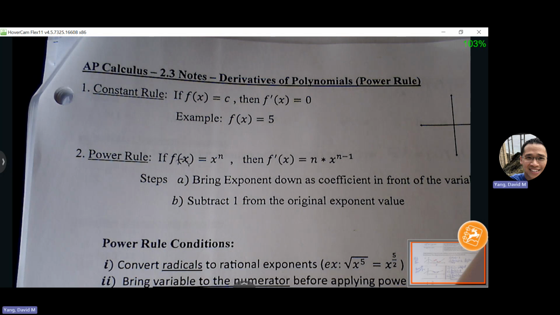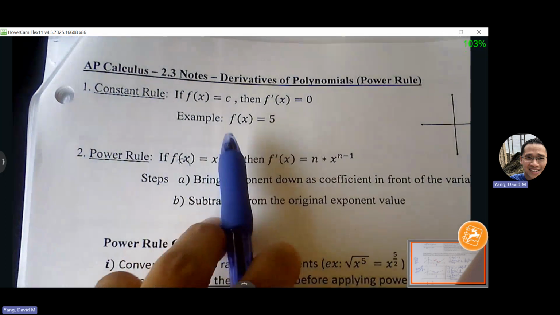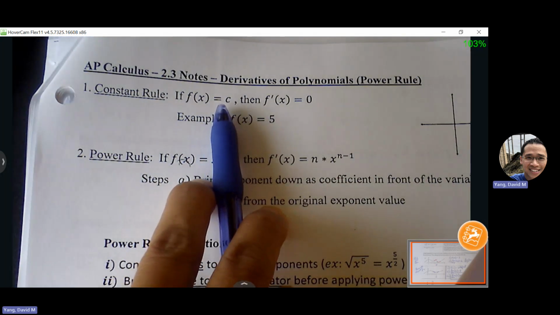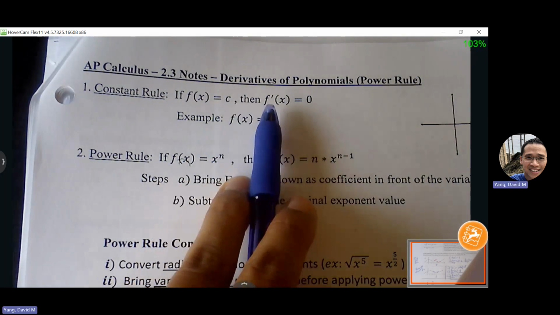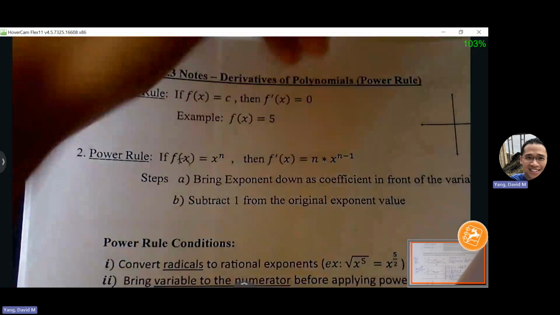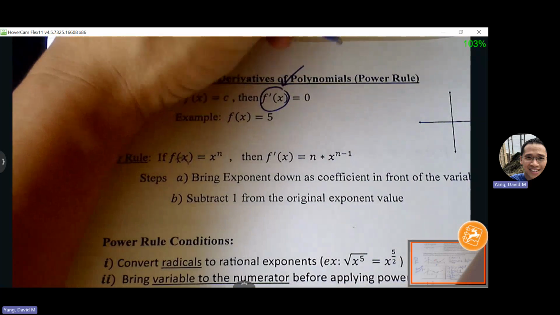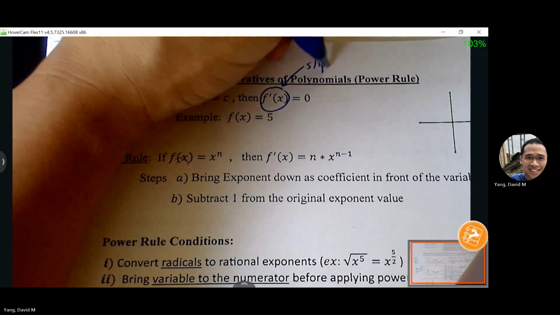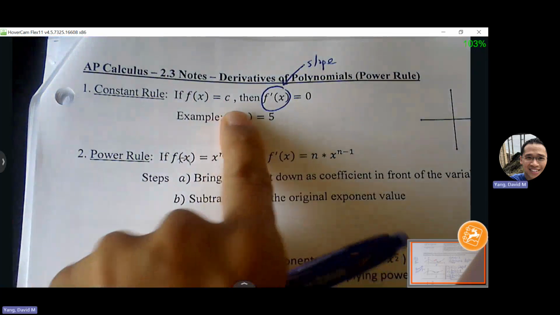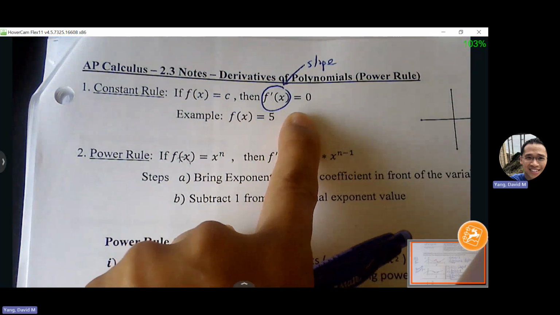The constant rule says if f of x equals c, then f prime is equal to 0. So that means if a function is a constant, then f prime, we're always going to treat f prime like we can say slope, right? If my graph is a constant, then my slope is always 0.